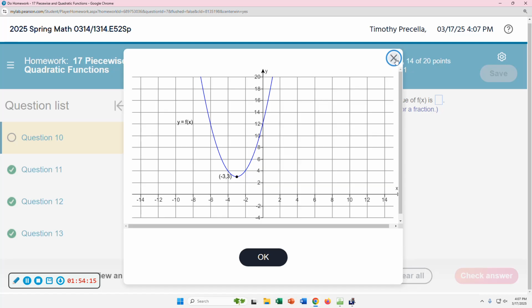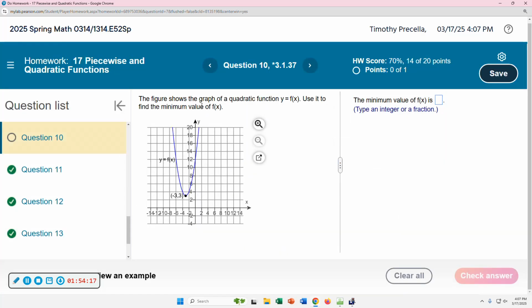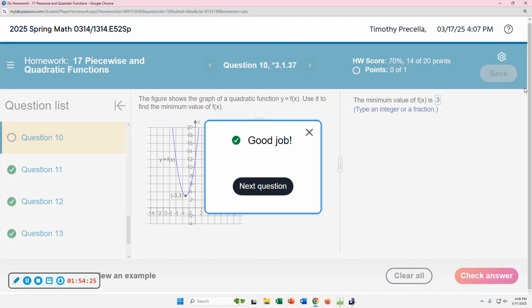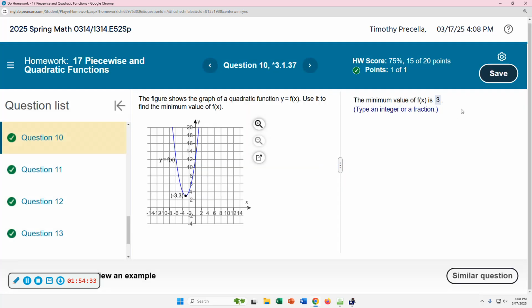So when they ask for the minimum value of y, remember f of x is the same as y, 3. The value of the function is the y value, not the x value. That's what that problem is trying to emphasize here. The value of the function, the maximum or minimum, is the y value, not the x value.